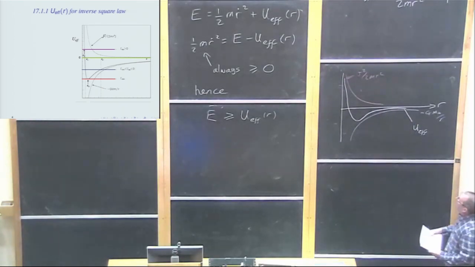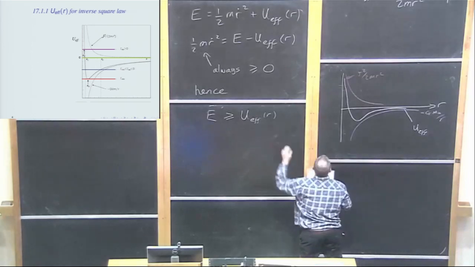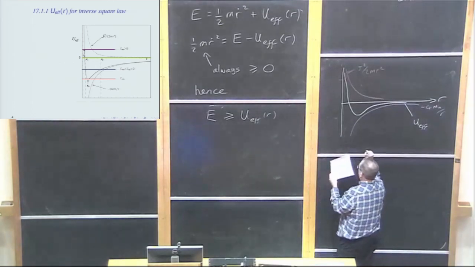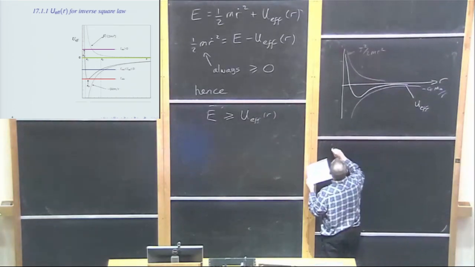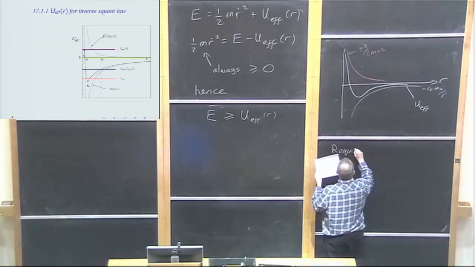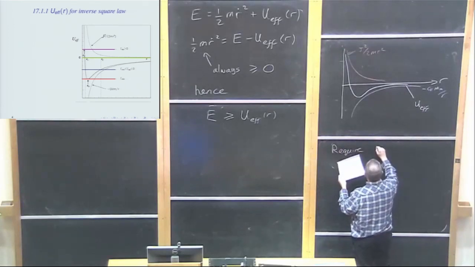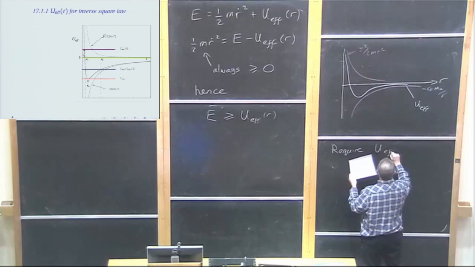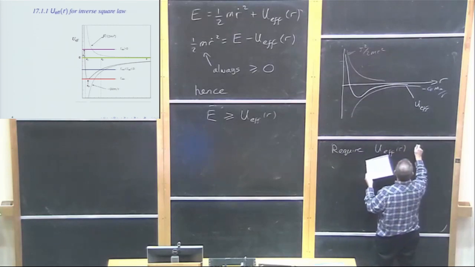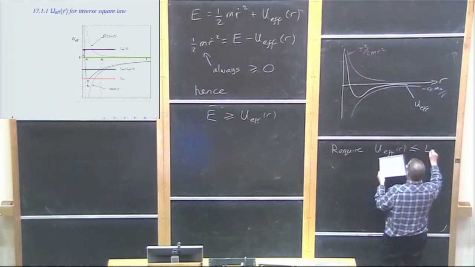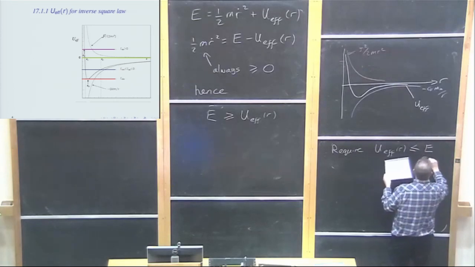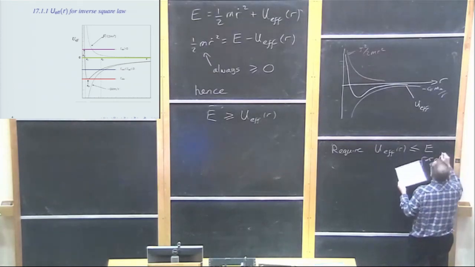Now let me repeat this statement here that we require, for allowed motion, that U of F of R is less than or equal to E for all R. Okay, so this is a requirement.